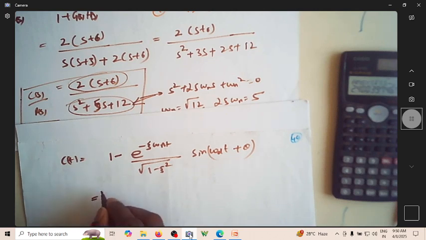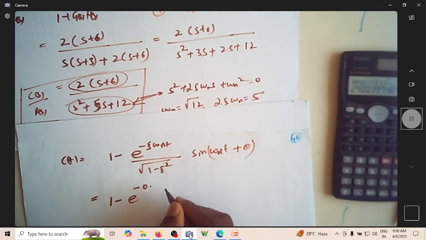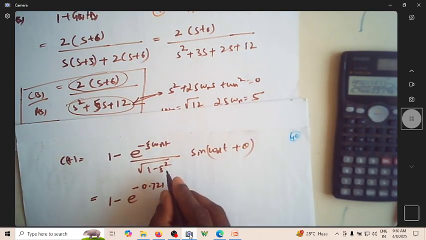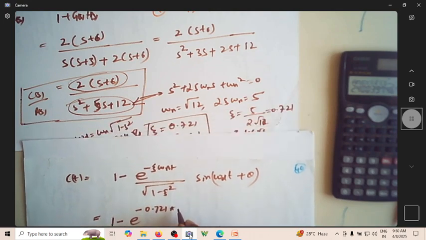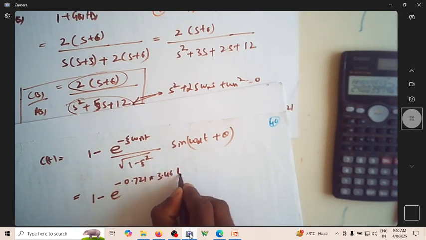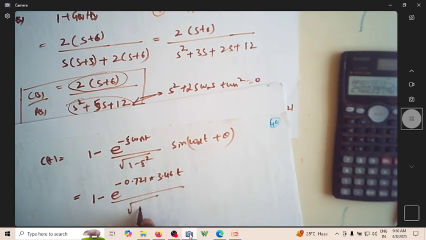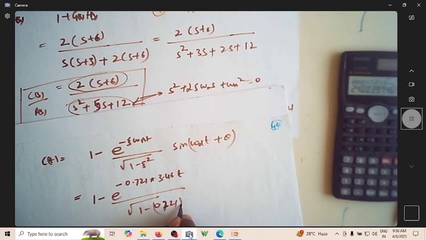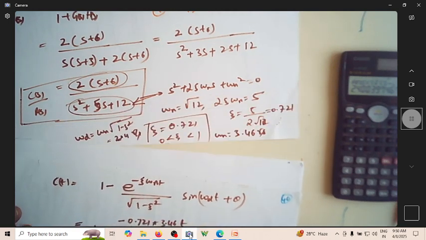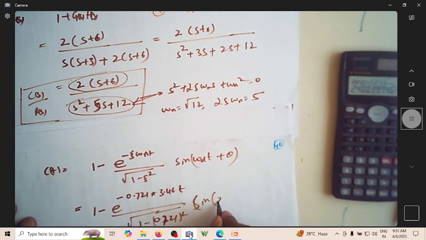So now I know all these values. It is 1 minus e power minus zeta, which is 0.721, and omega n, which is 3.46, t divided by root of 1 minus 0.721 whole square, multiplied by sine omega d, which is 2.4 t, plus theta.